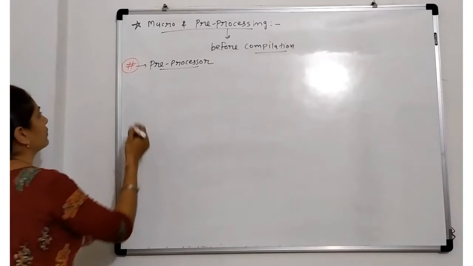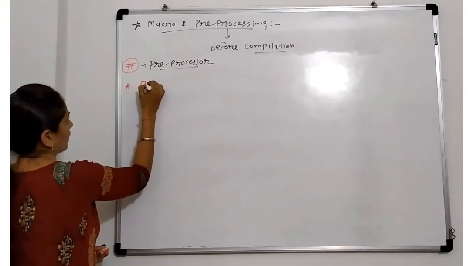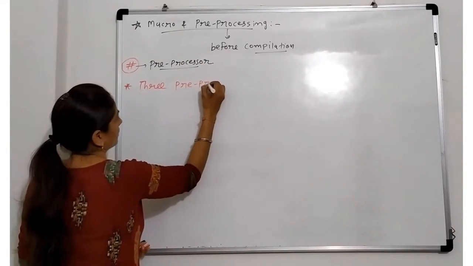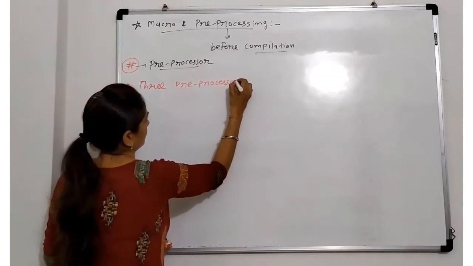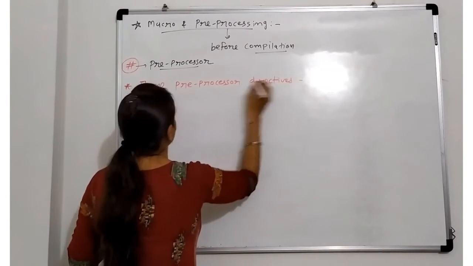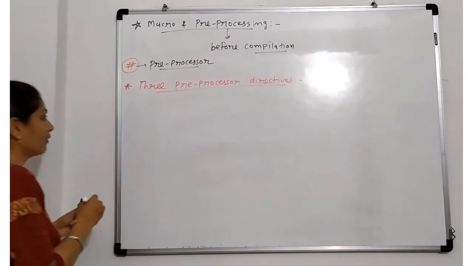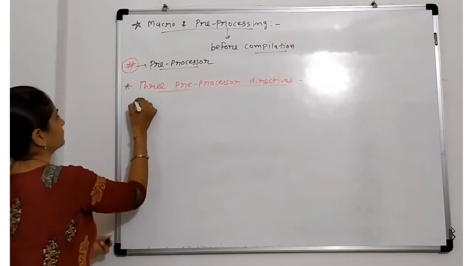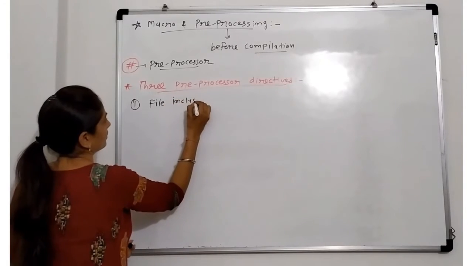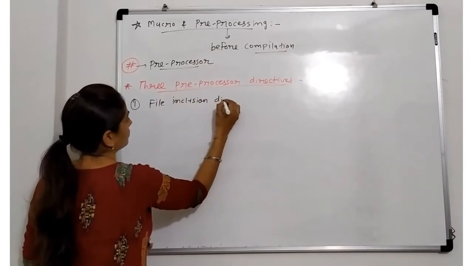Now there are three different preprocessor directives. First is file inclusion directives.